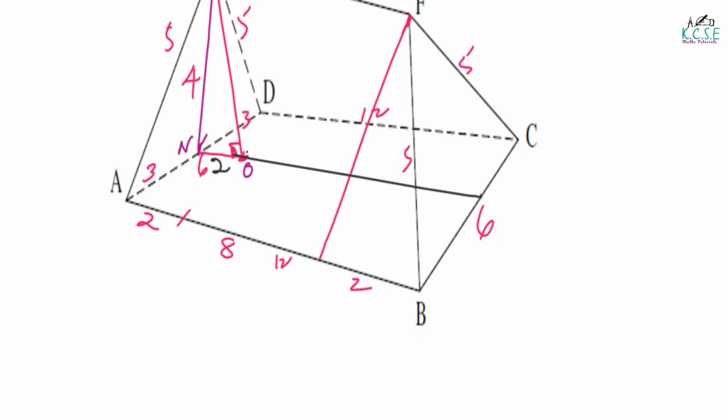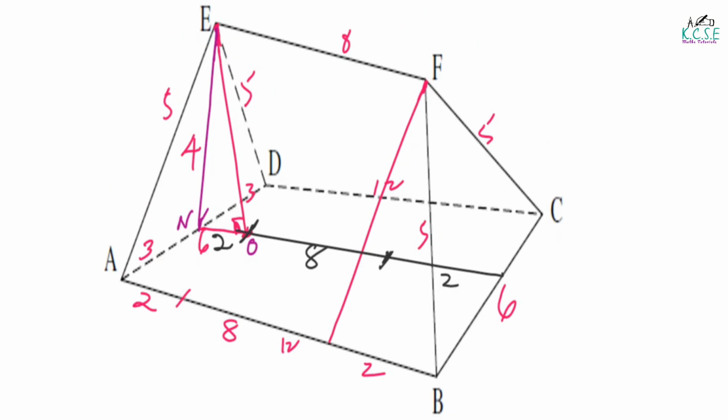So from this point to where F is, that is 8. So we have this end which will be 2 and this end will be 2. That is what I mean. So therefore, looking at this side, NO will be 2.